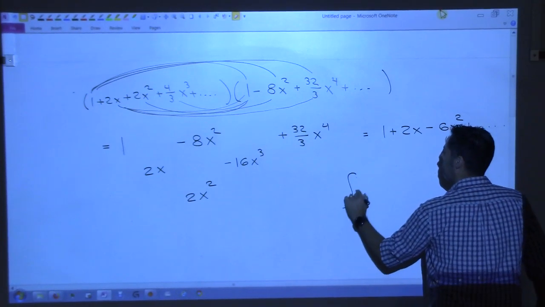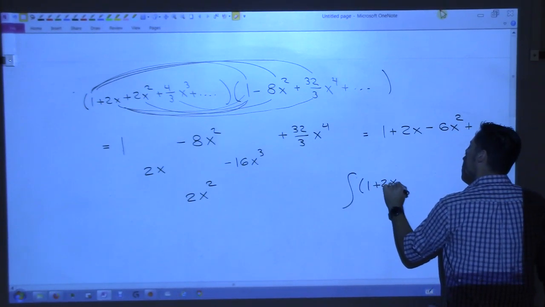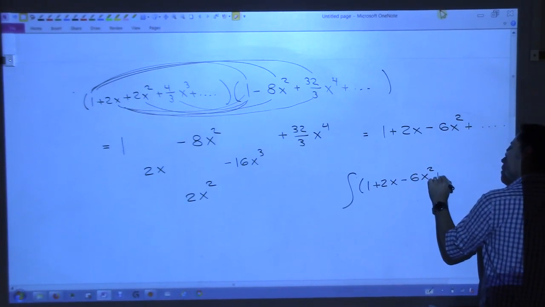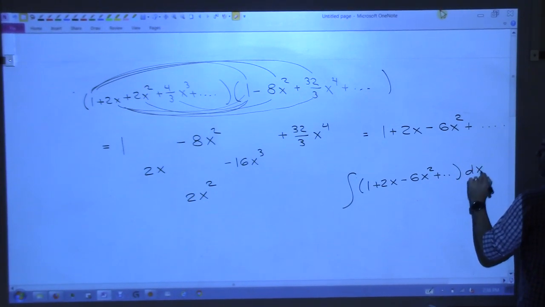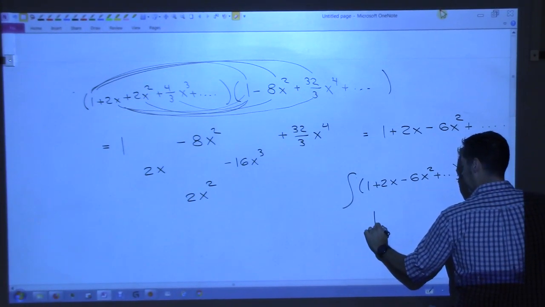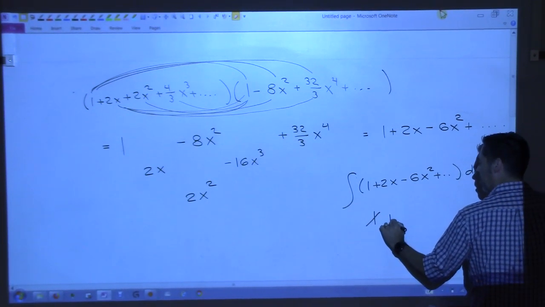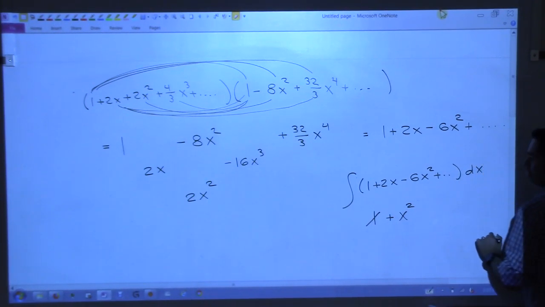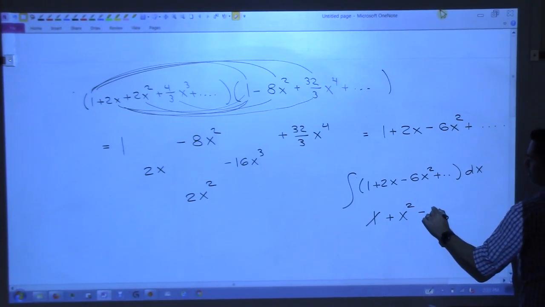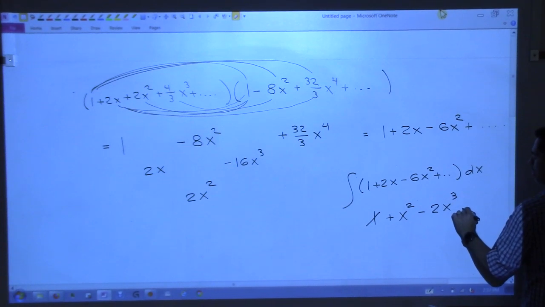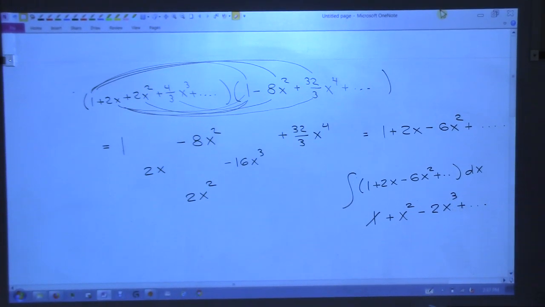So the integral of 1 plus 2x minus 6x squared plus ... is going to be x plus x squared, right? Minus 2x cubed plus ... That's the antiderivative. I hope that makes sense.